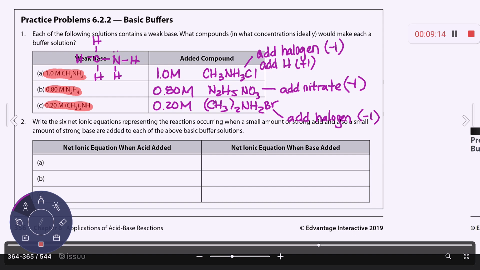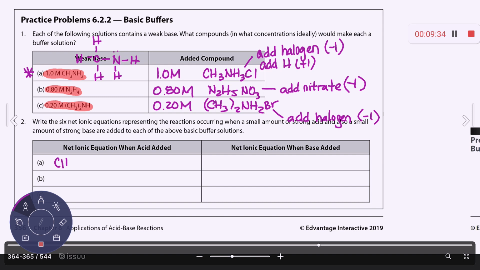Okay, and then let's take a look at number 2. Number 2 says, write a net ionic equation representing the reaction that happens between a strong acid and a small amount of strong base when they're added to each of the buffer solutions. Okay, so let's just focus on this one.